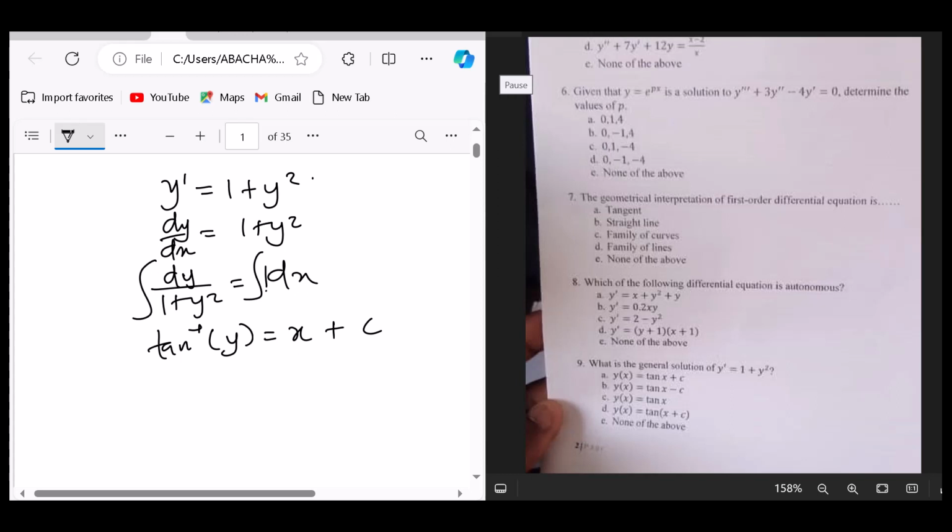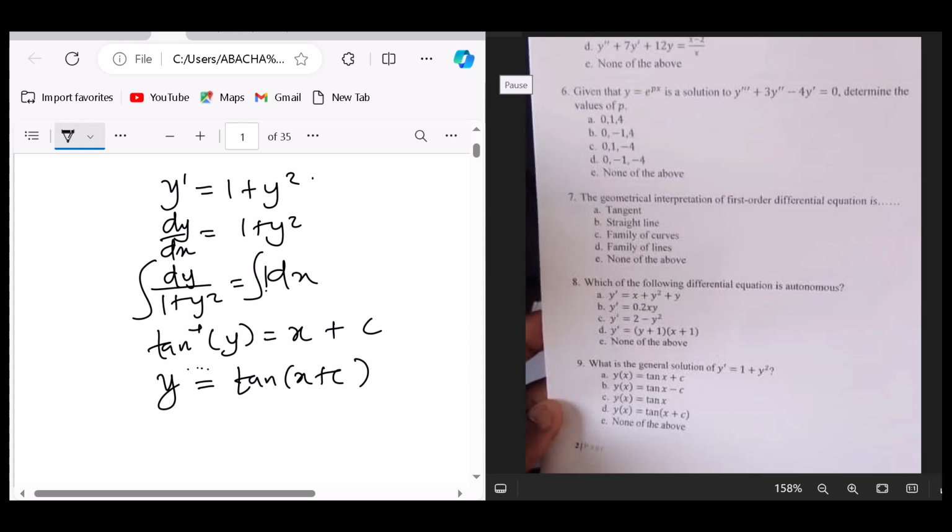But what can we do? If this is tan inverse, then it means the y here can be equal to tan of x plus c. Okay.